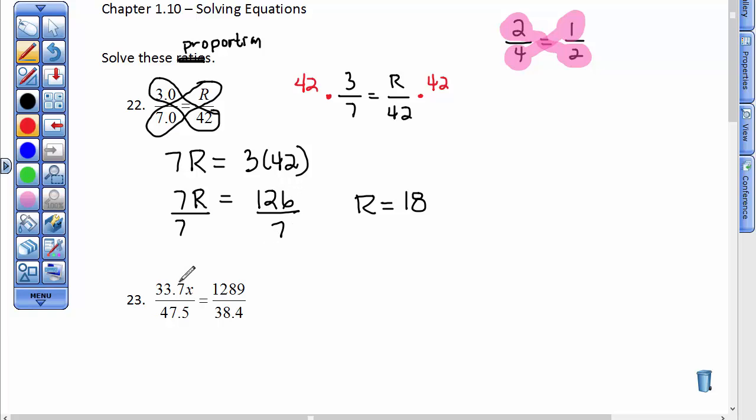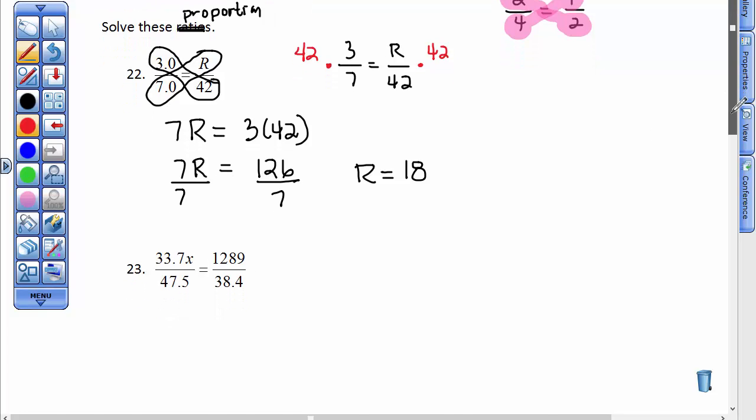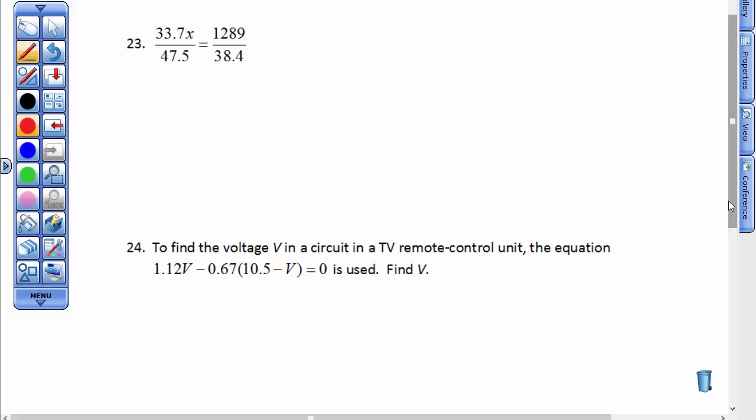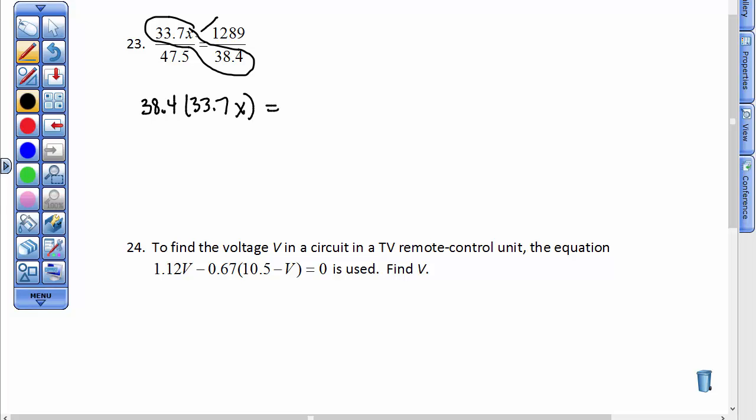It becomes particularly nice in a problem like number 23. So if I just set those cross products equal to one another, I'll have this 33.7x times the 38.4. And then I'll set that equal to this 47.5 times 1,289.